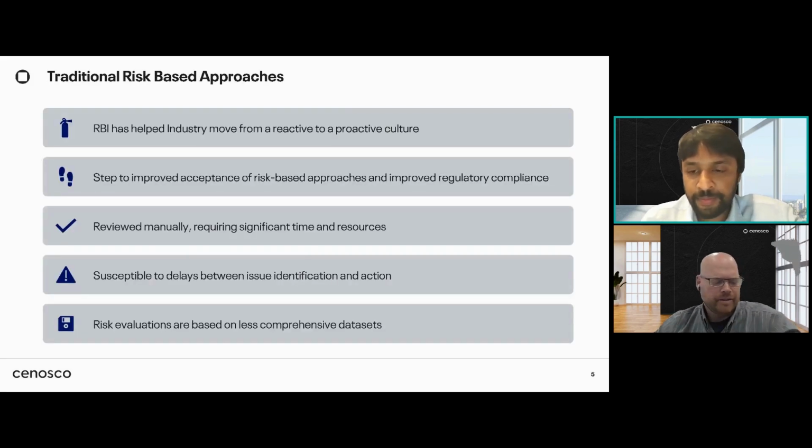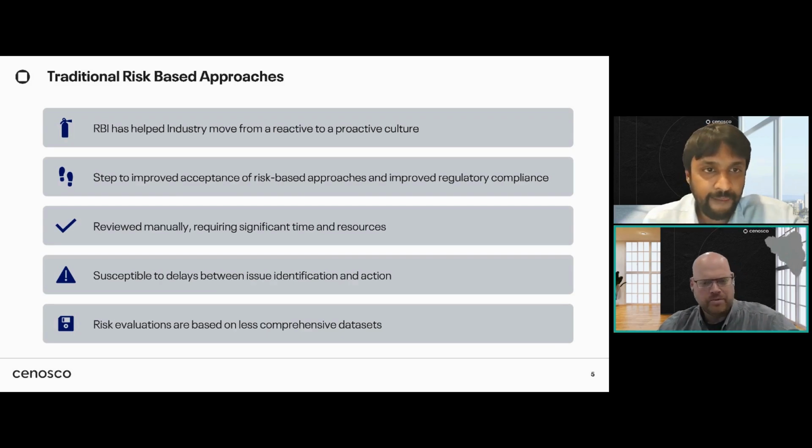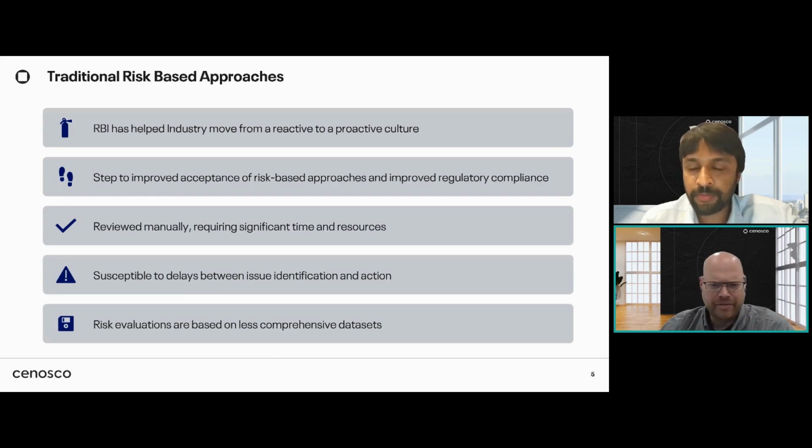I think let's go back to talking about some of these traditional risk-based approaches. I'll touch on a couple of points, maybe some of the benefits of these traditional approaches, and then I think you can talk about some of the gaps that the dynamic approaches might be able to solve, or at least improve, with these traditional approaches.